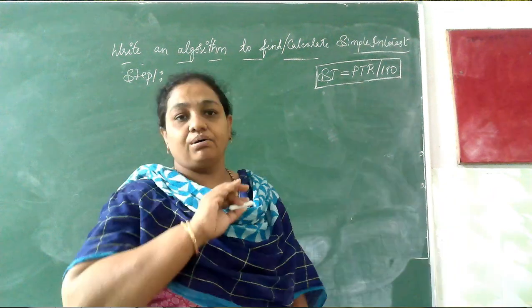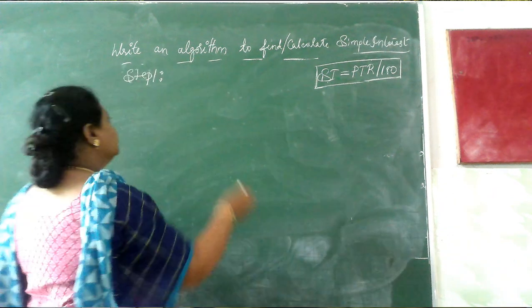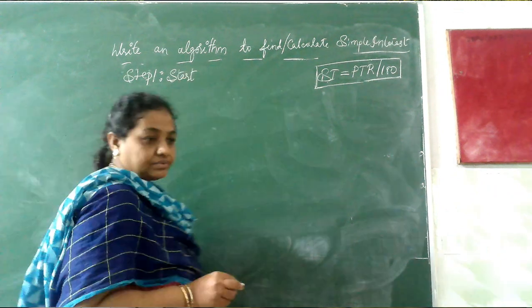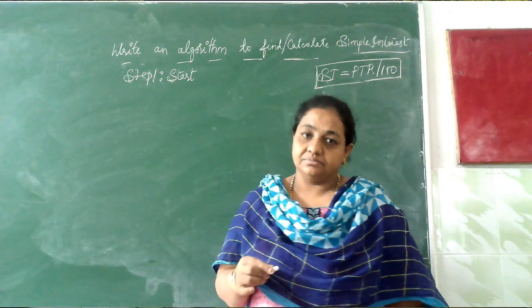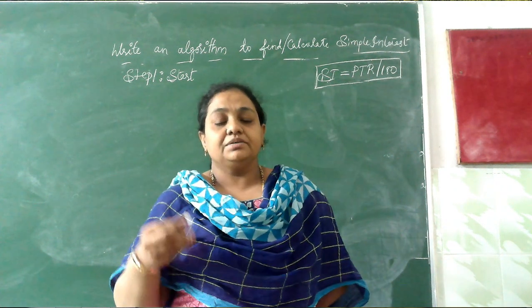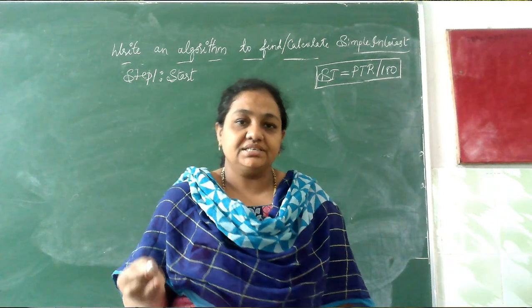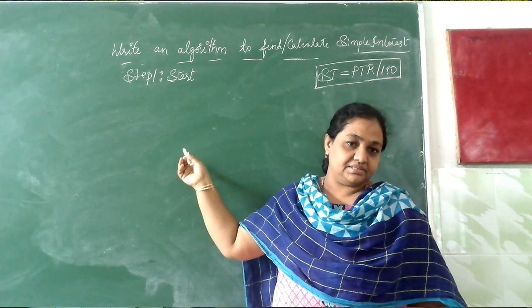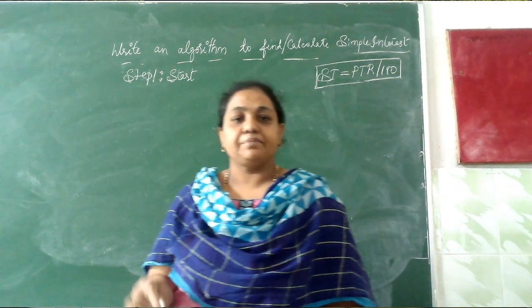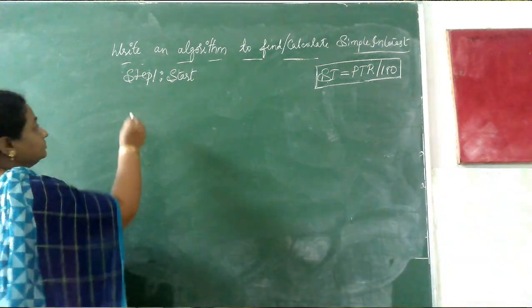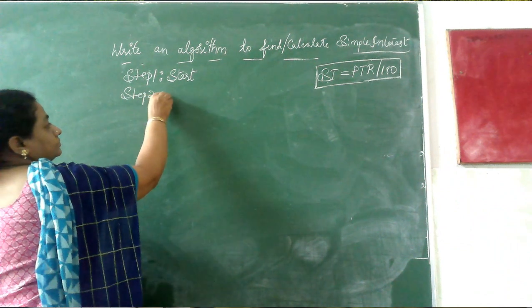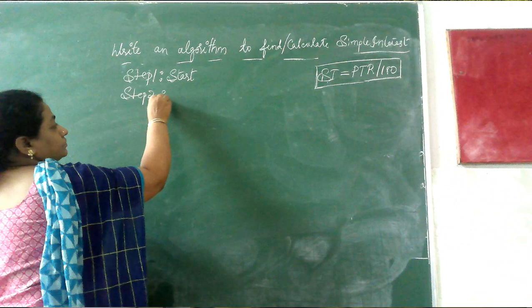To calculate simple interest, you don't require radius, you don't require base and height. To find simple interest, you require principal amount, time and rate of interest. So if we have P, T and R, where P is principal amount, T is time taken, R is rate of interest, then I can calculate simple interest.